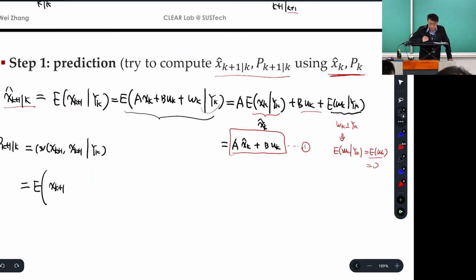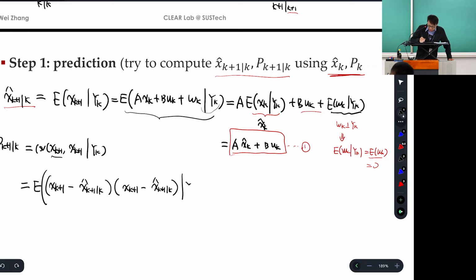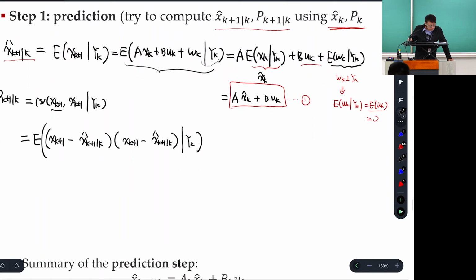Xk plus 1 minus the expectation of that, the expectation of this given this, which is xk plus 1 given k hat, times xk plus 1 minus xk plus 1 given k hat, given yk. Oh, sorry, this is a transpose, right? Okay.